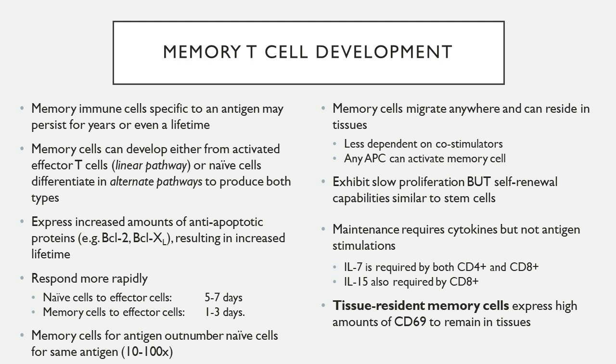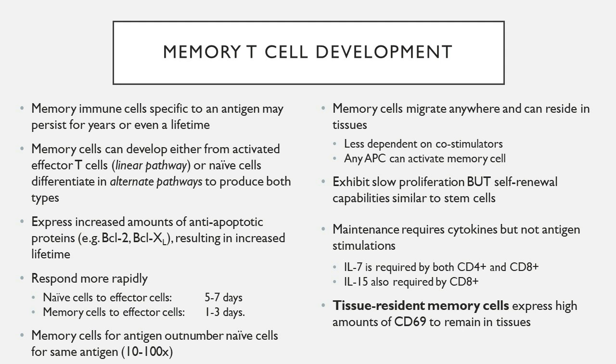Another cool property of memory cells is that they do not require antigen stimulation in order to survive, which is a limitation of effector T lymphocytes. Their survival, just like other lymphocytes, does however depend on certain cytokines. For instance, IL-7 is required for both CD4+ and CD8+. CD8+ also additionally requires IL-15.